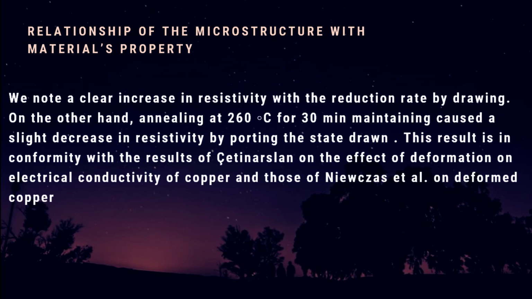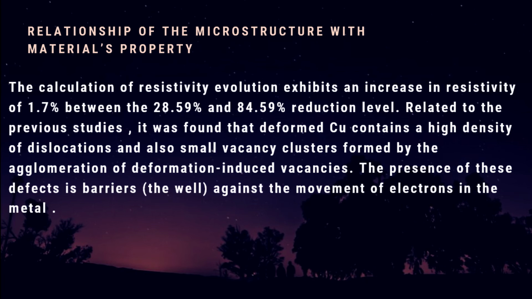The calculation of resistivity evolution exhibits an increase in resistivity of 1.7% between the 28.59% and 84.59% reduction levels. Related to previous studies, it was found that deformed copper contains a high density of dislocations and also small vacancy clusters formed by the agglomeration of deformation-induced vacancies. The presence of these defects is a barrier against the movement of electrons in the metal.